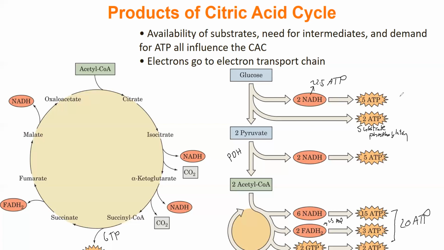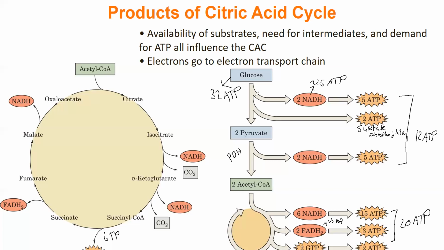While from glycolysis and PDH, you get 12 ATP. Overall, if one molecule of glucose gets broken down all the way, that is 32 ATP. All those electrons, the NADHs and FADH2s, are going to the electron transport chain.